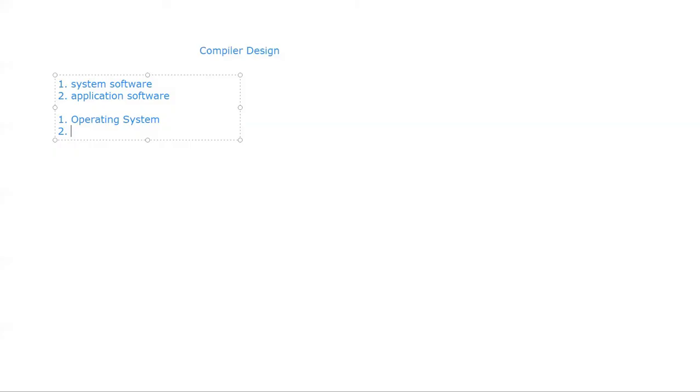Now, the second category of the system software is called firmware. It is also called bootstrap loader. Now, what is this software? This is basically a system software which is responsible to load your operating system from hard disk to the primary memory.